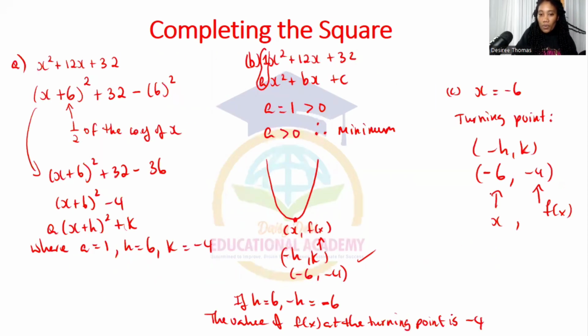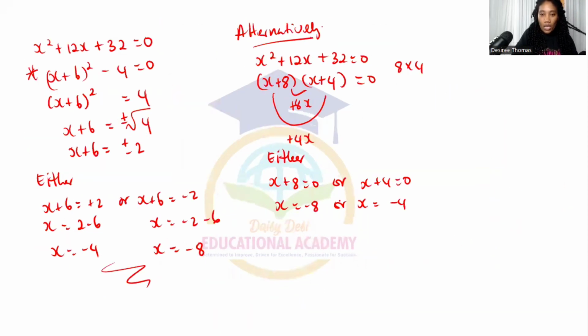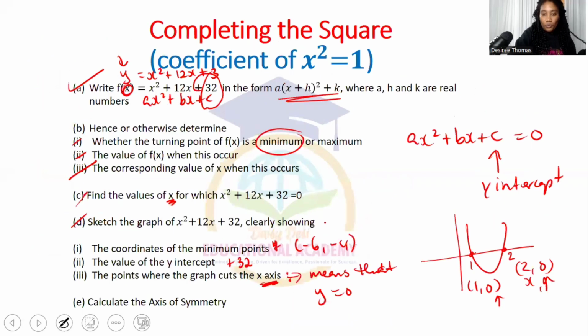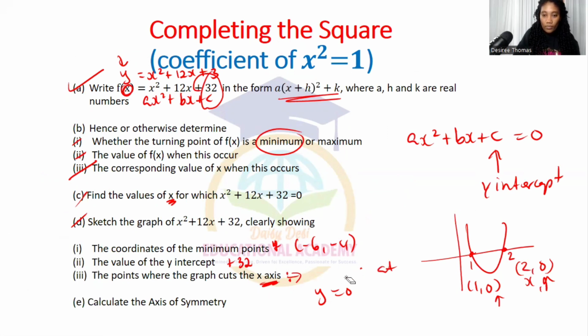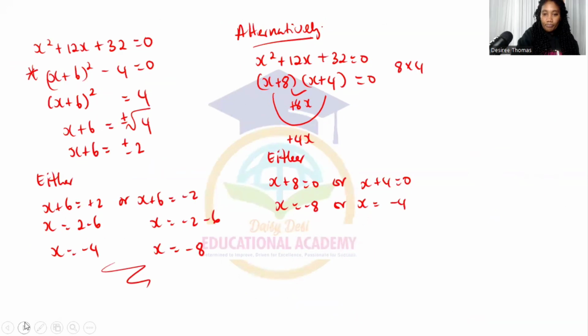We worked it out to be, where is that? That's here, minus 4 and minus 8. So all the way back, let me just erase some things to get some space. What was it?